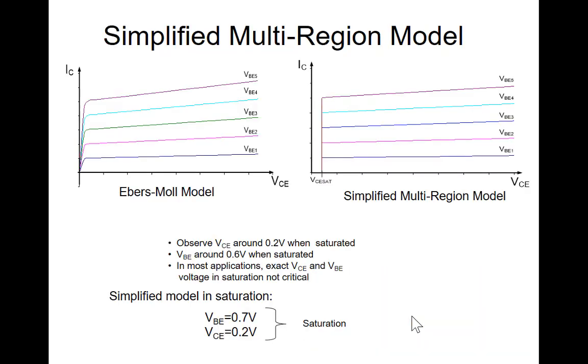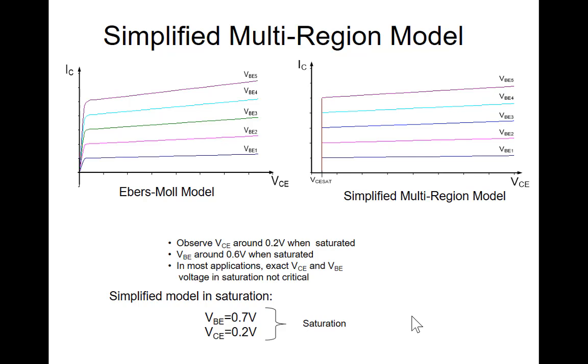So, since we don't have a good model that's analytically tractable in the saturation region for this device, let's see if we can get an approximation that's reasonably good. Since these characteristics drop very rapidly here, I'm going to just assume that we can put a vertical line in here and assume that when we enter saturation, the collector-emitter voltage is constant.